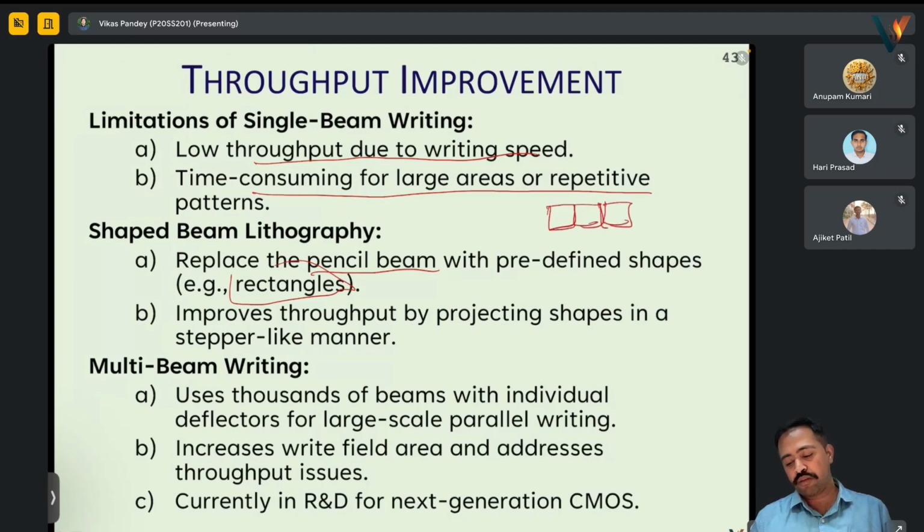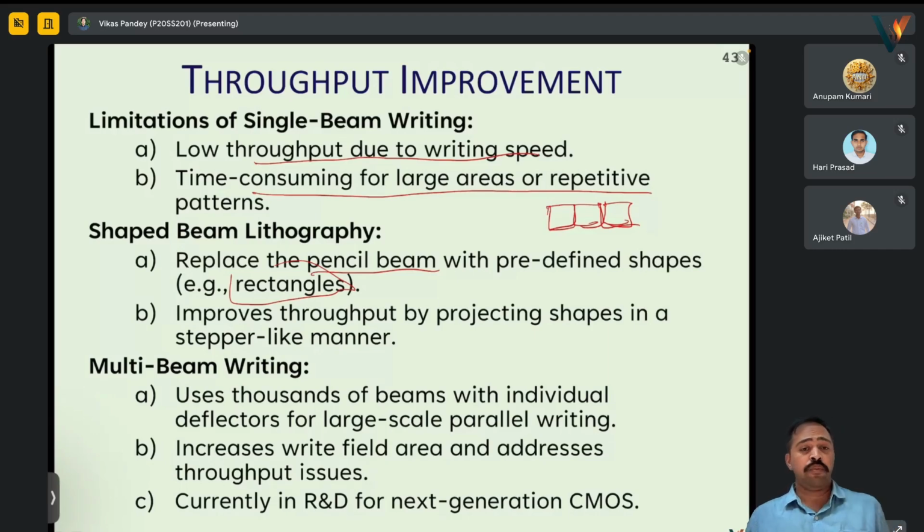So it will improve the throughput. Instead of spot sizes, we are making it rectangular or circular according to our pattern. Mostly rectangular is the best one to improve the throughput, and that will make it stepper like.